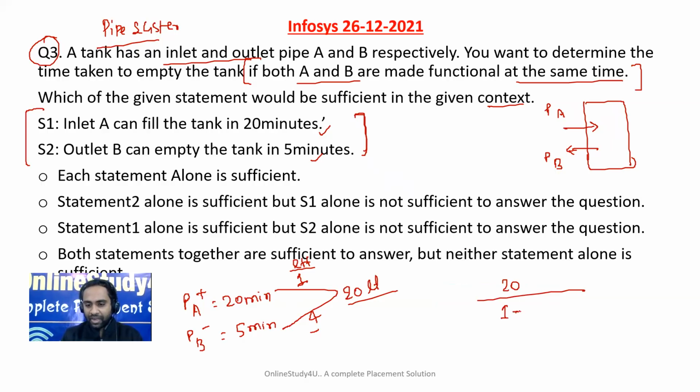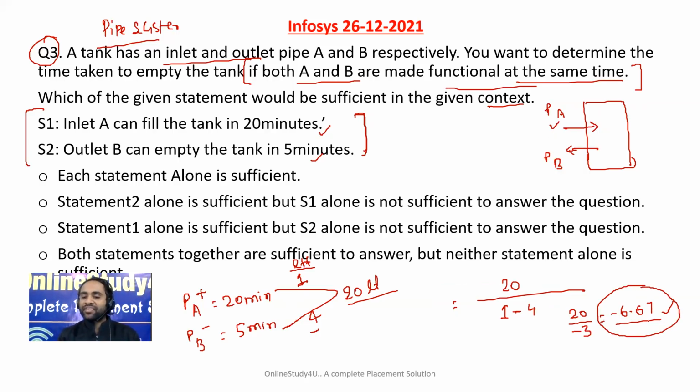A will fill 1 liter, whereas B will remove 4 liter. So 20 by minus 3 will be 6.67 basically. Minus represents that the tank water will get removed. So if both the inlet and outlet are made functional at the same time, then in 6.67 minutes the tank will be completely emptied.